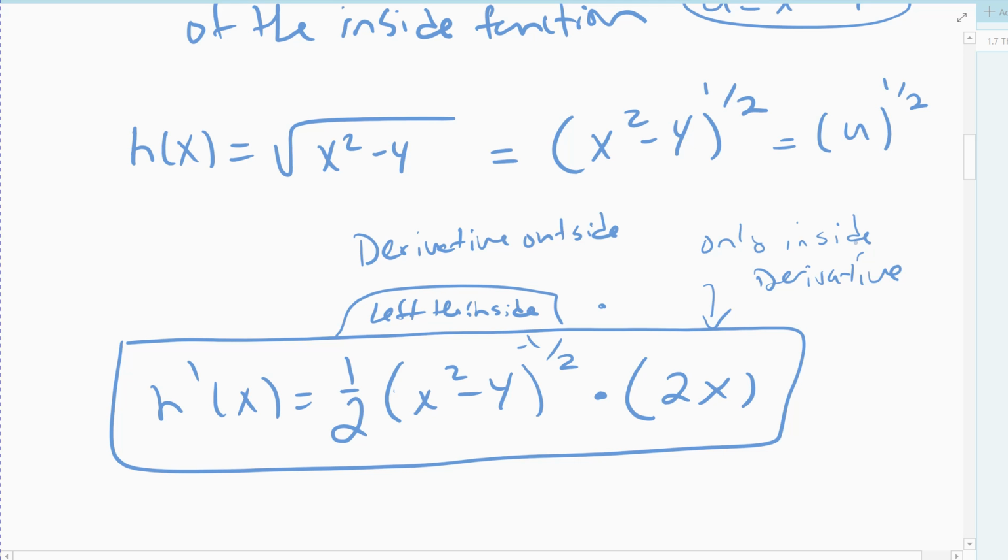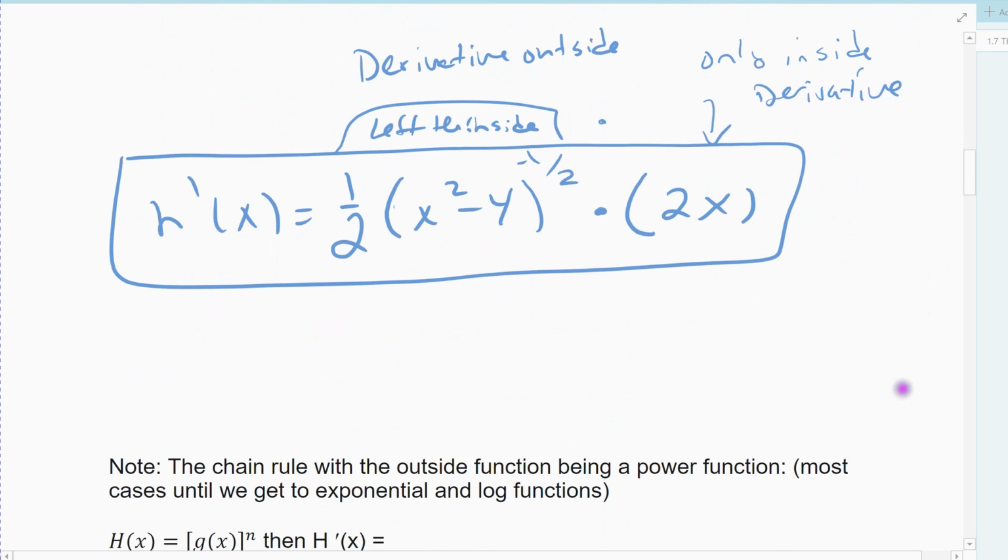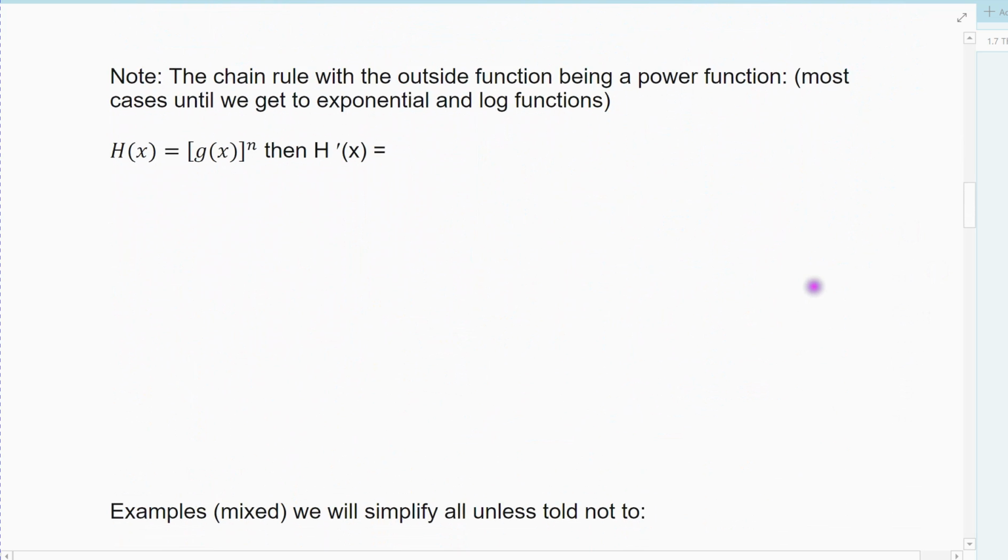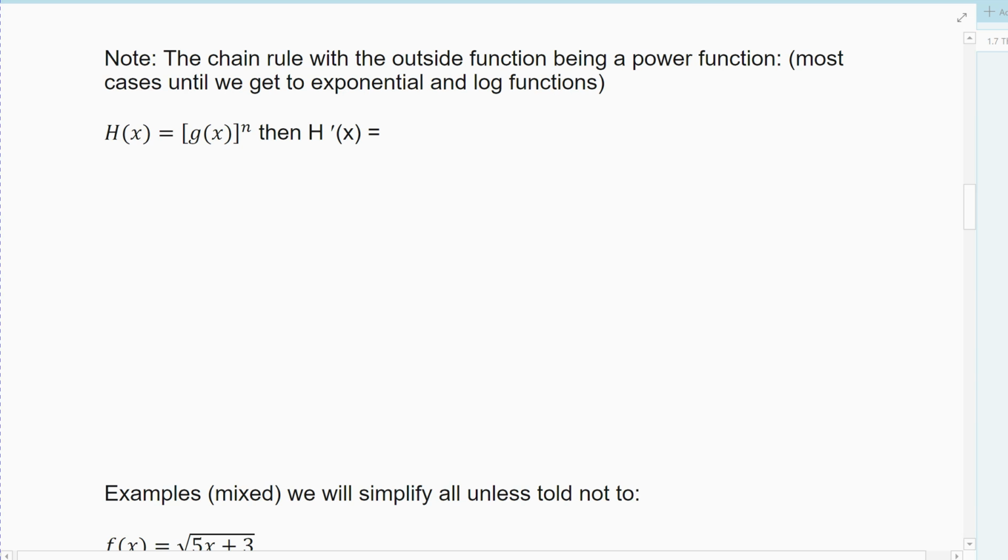Right now, the only rules we have are our quadratic functions and the power rule. We will add to this later on when we get to exponentials and logarithms, and I'll talk about that when we get to those cases. But the chain rule, at the moment, really involves the outside function being a power function.